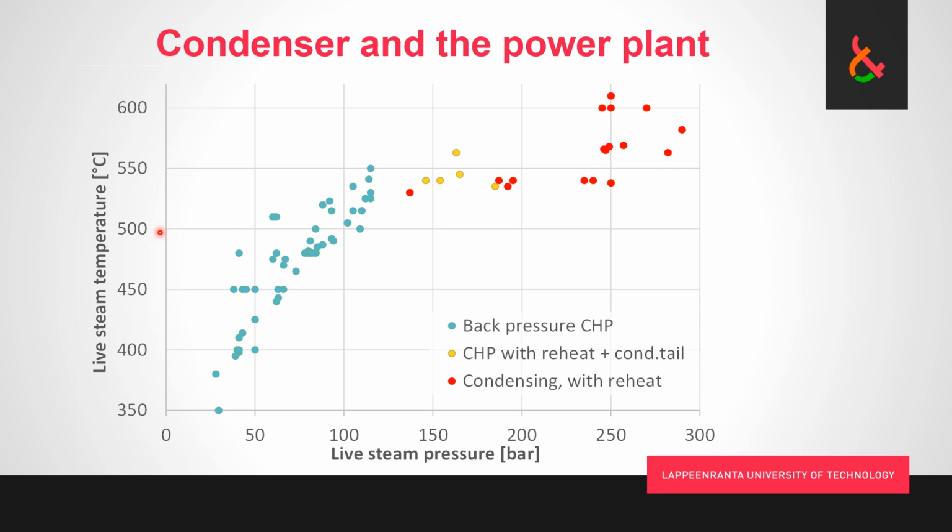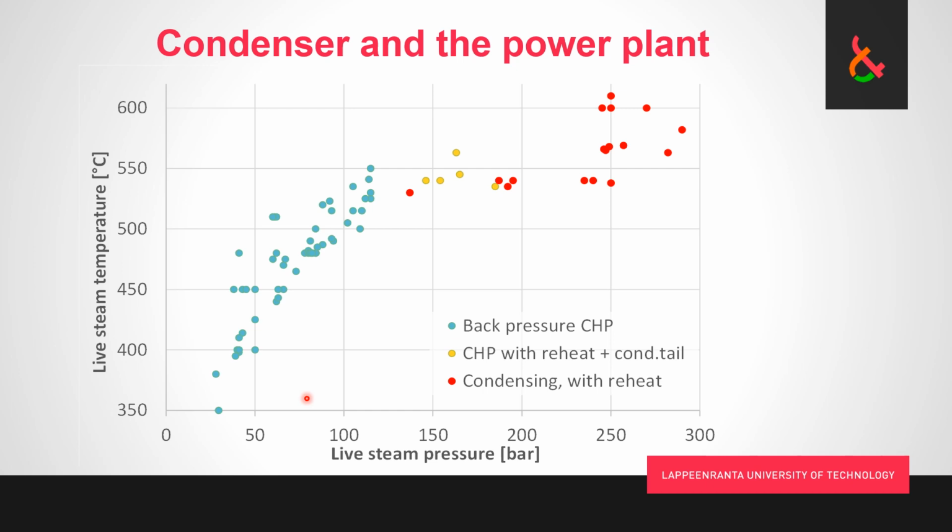You pick a temperature here, and then you can get a pretty good initial guess just from looking at here. Suppose you've got biomass, 500 degrees Celsius is a good guess for that. Then you start from somewhere roughly in the middle. That's your first iteration point.